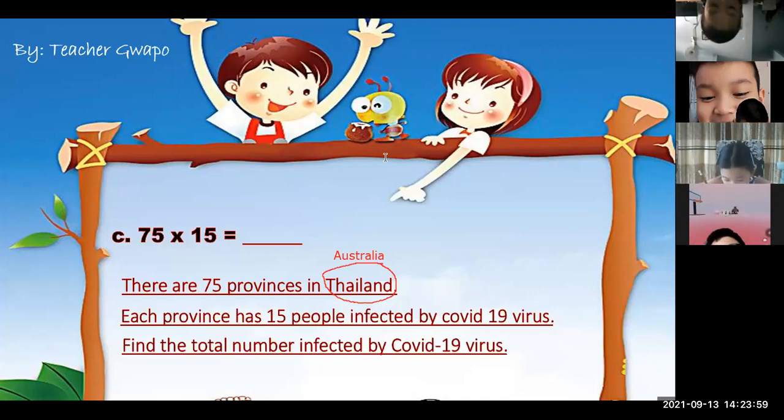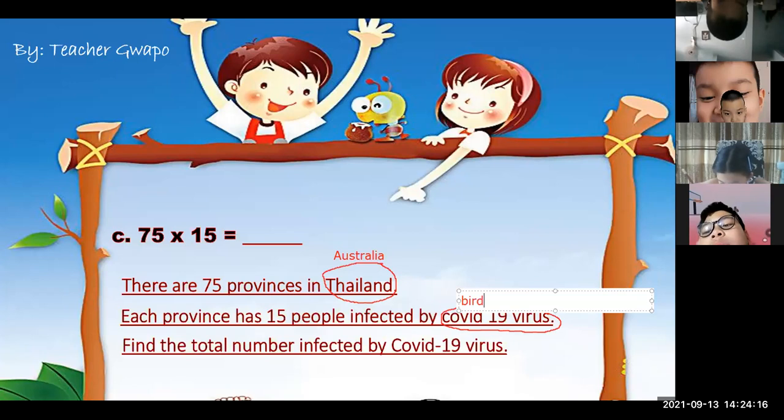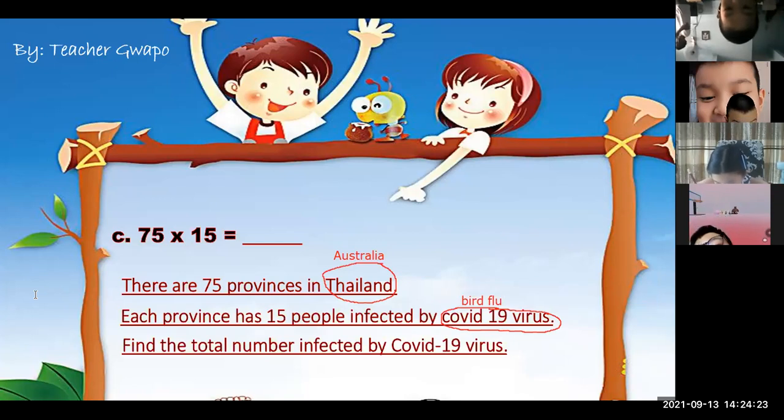Before there was a very famous virus named SARS. Instead of COVID-19, you can use bird flu. Infected by bird flu. Or SARS. Up to you. Any kind of viruses. So you can change instead of COVID-19.